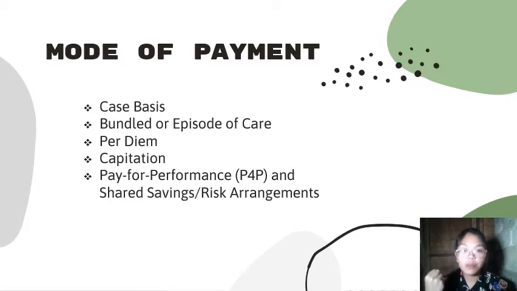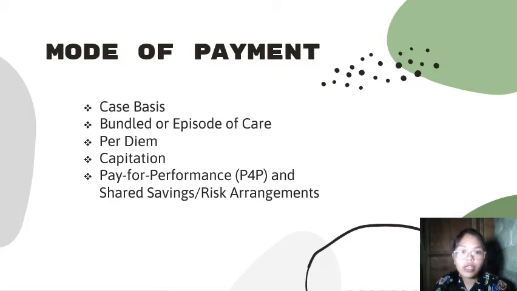Providers receive bonuses or have a portion of their income withheld based on whether they fulfill predetermined performance criteria under P4P arrangements. Quality, cost-effectiveness, and efficiency of care are examples of possible targets.